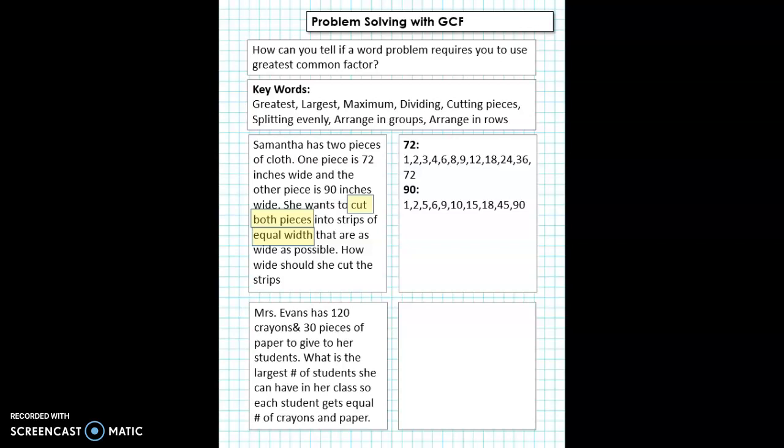But for this problem, we are looking for the greatest common factor, which means 18 is going to be the answer for the problem. This means that Samantha is going to cut her cloth into 18-inch long pieces.